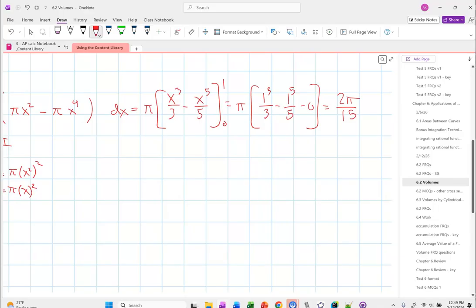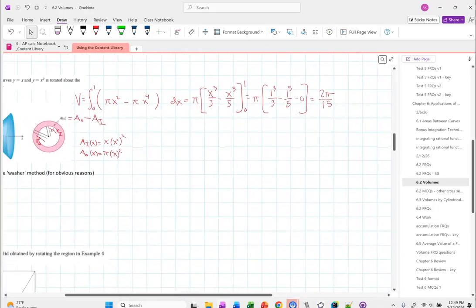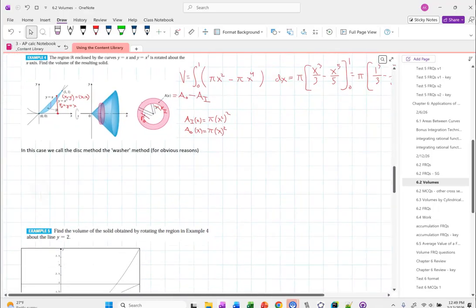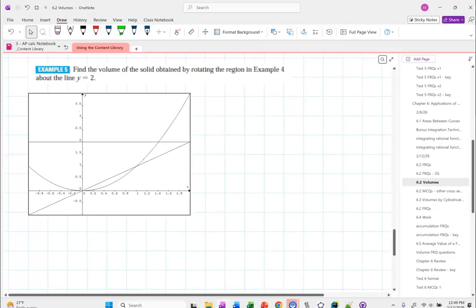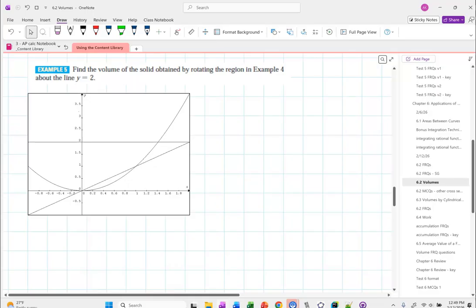Let's do another. Now, what if we start rotating about things other than the x and y axes? What if I use other vertical or horizontal lines as my axis of rotation? So here, this is the same two functions we just looked at, y equals x squared and y equals x.